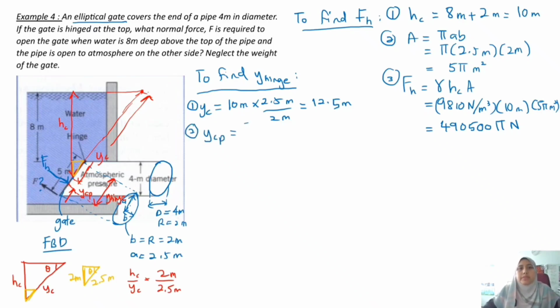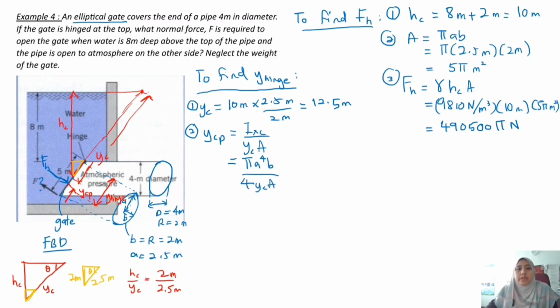The next step is to find YCP. So basically, YCP is IXC divided by YCA. For IXC, if you look at the slide that I provided, there is a correction, because the given formula is pi A power of 4 times B divided by 4.